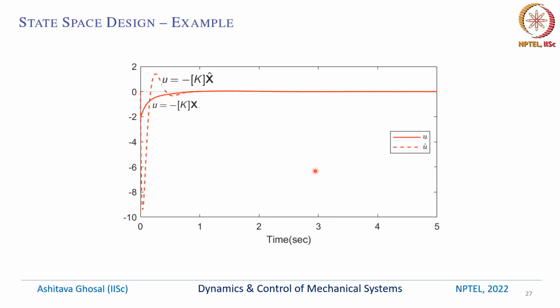We can also plot u and u hat. Remember, u is -Kx and u hat is -K x hat. Initially u hat is more. Although we are only measuring a few things, we are gaining something, but at the cost of more actuator input, at least initially. The same story as what happened for the inverted pendulum.